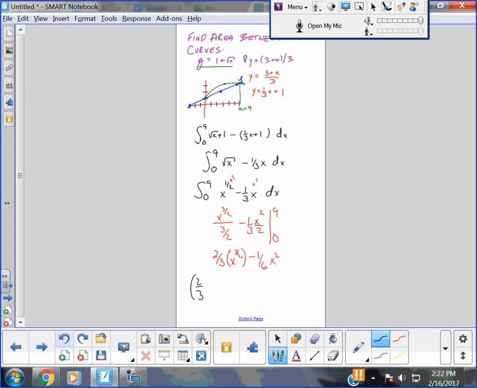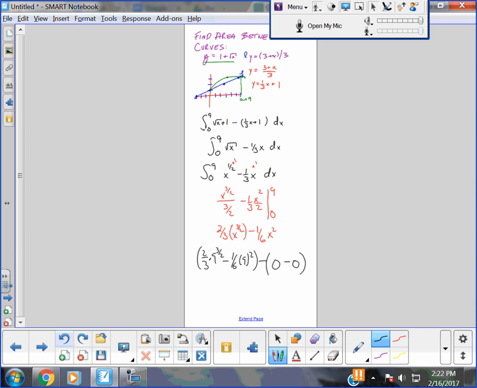2/3 times 9 to the 3 halves minus 1/6 9 squared minus, again, you guys see it's going to be 0 minus 0. I love 0. That's why math teachers do examples with 0, because that simplification happens.